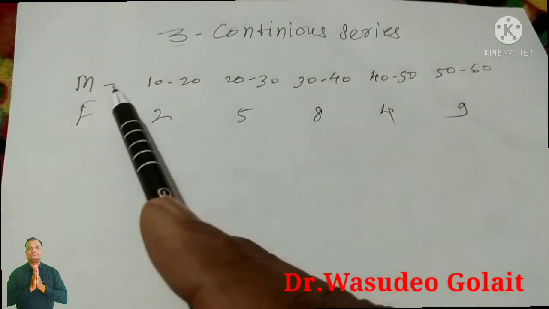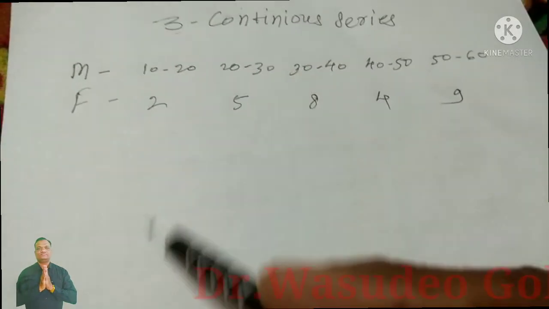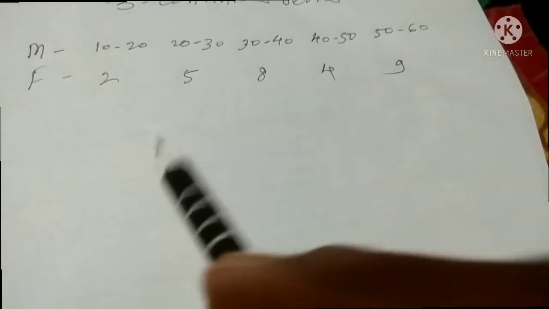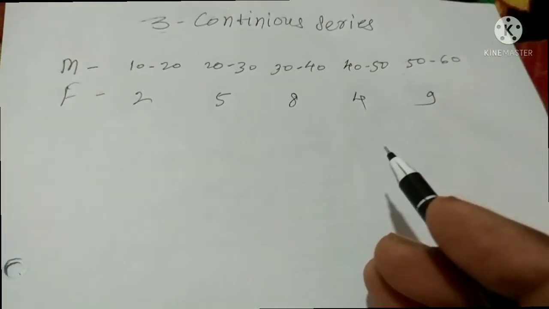Firstly, put the M series and F series in a vertical line. You can draw the table, and also you can calculate it without drawing the table, but we are drawing the table here.